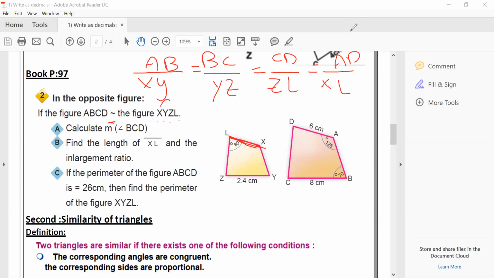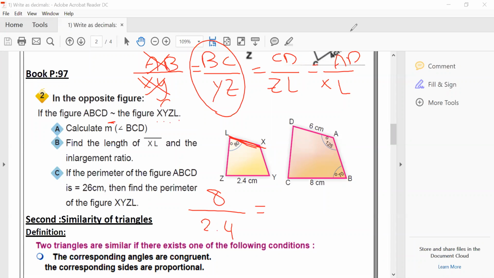What I need, if I look here, I have only BC over YZ. AB over XY, I don't need it because he didn't want XY, and I don't have AB or XY. So I don't need it, but if you write it, it's not wrong. I have BC 8, and I have YZ 2.4.